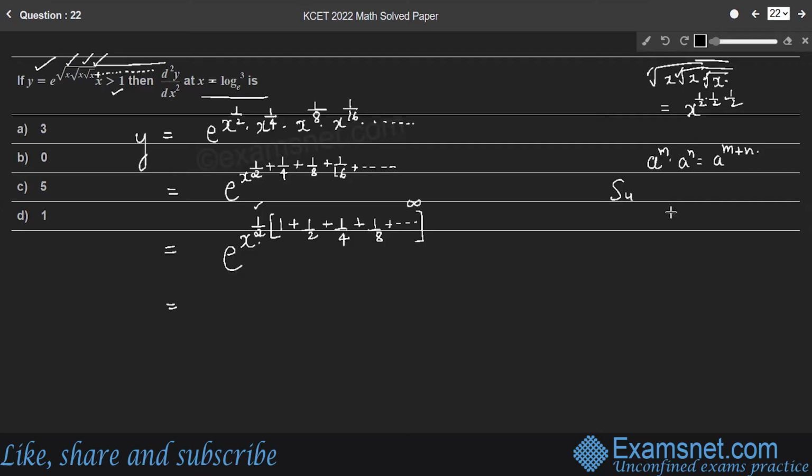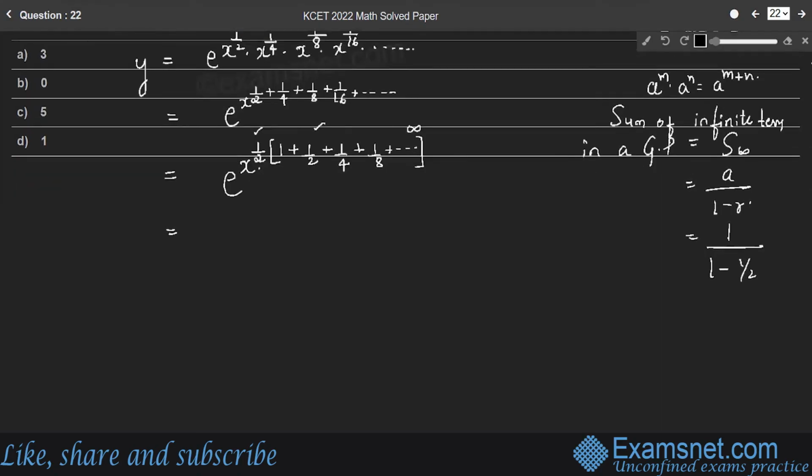The sum of infinite terms in a geometric progression, S infinity, is A divided by 1 minus R. Here A is the first term. In this progression, it is 1 divided by 1 minus the common ratio, which is 1 by 2.